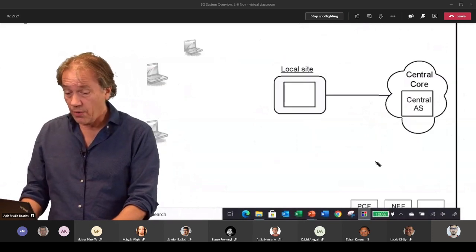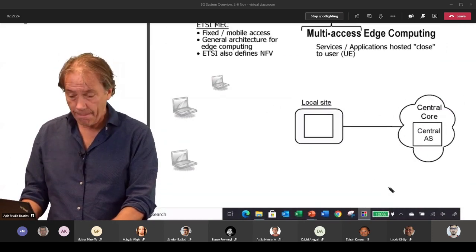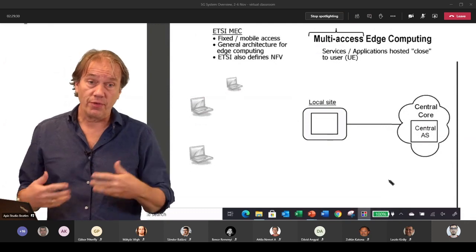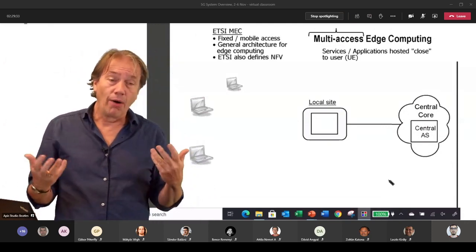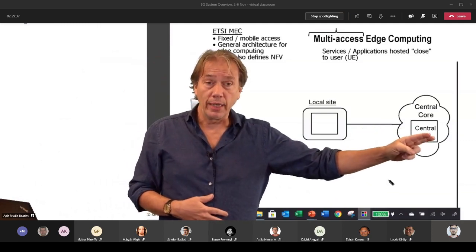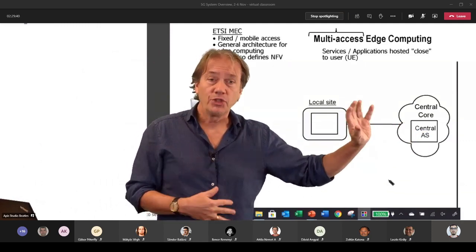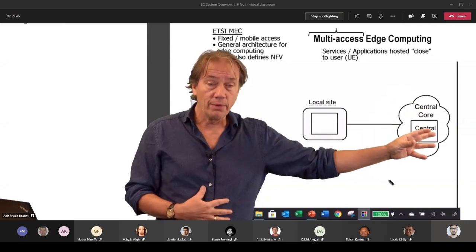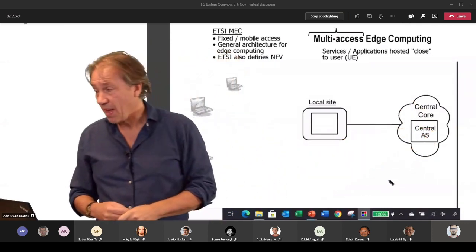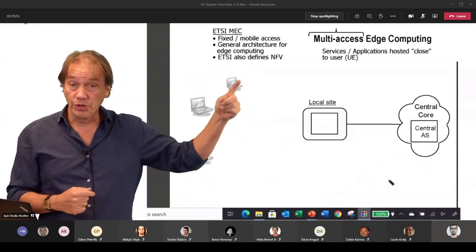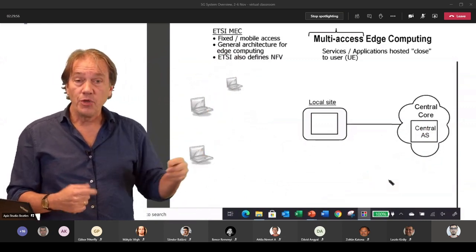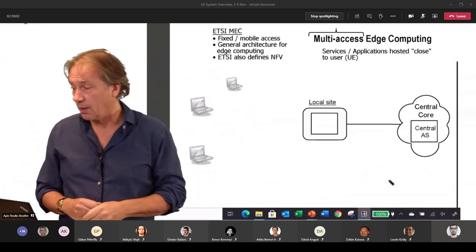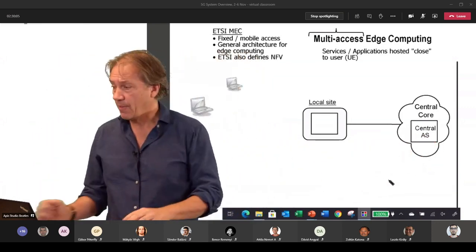So yeah, very generally speaking, if applications are deployed far away in some central core, some data center, it can be on the public internet, it can be in some other data network, and users, not necessarily 5G UEs, but laptops or TV sets or any type of terminal, want to use services here.